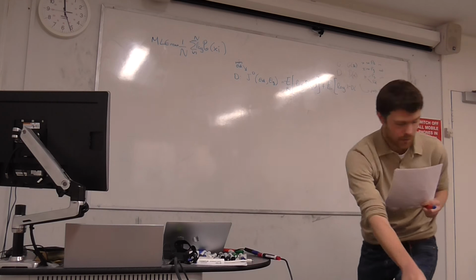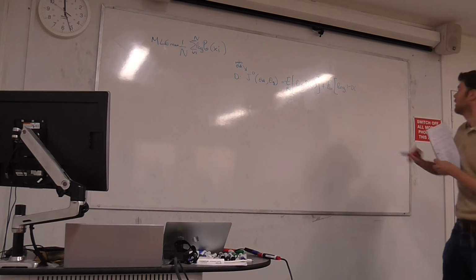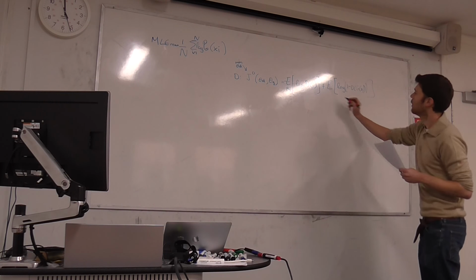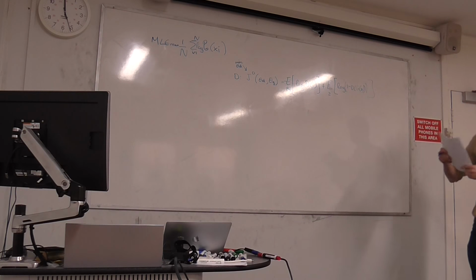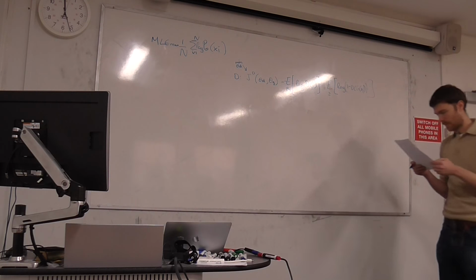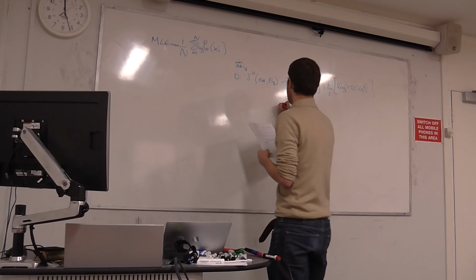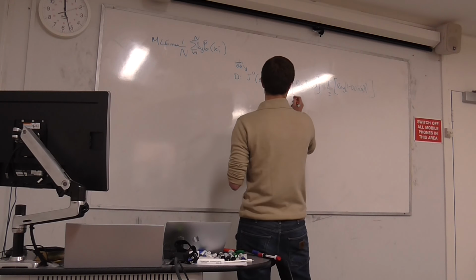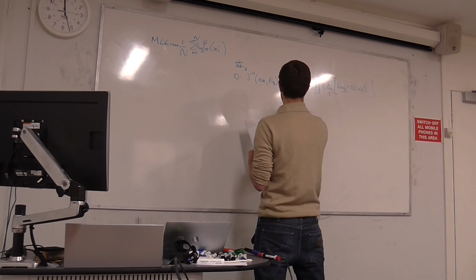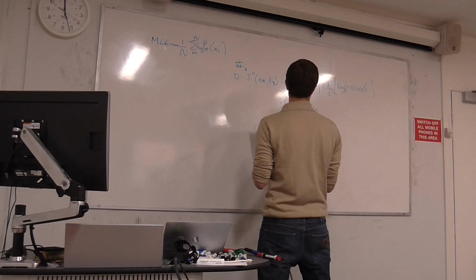Is it okay if I delete that? Okay, just cross out. Okay, so let's write this out, the expectation out. So we'll get the integral over x of log D(x) p_D(x) dx.